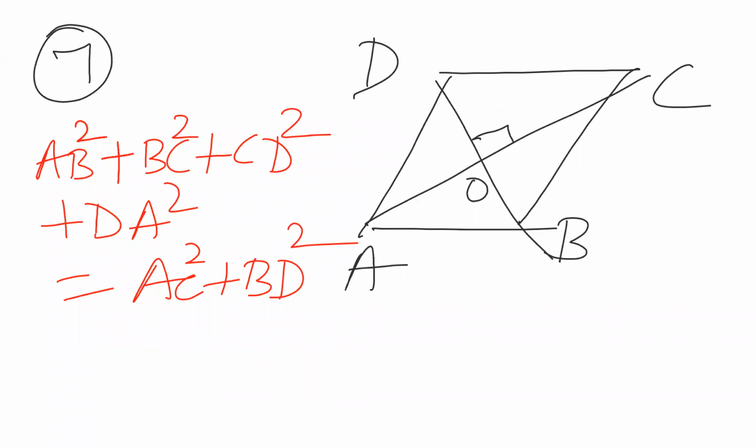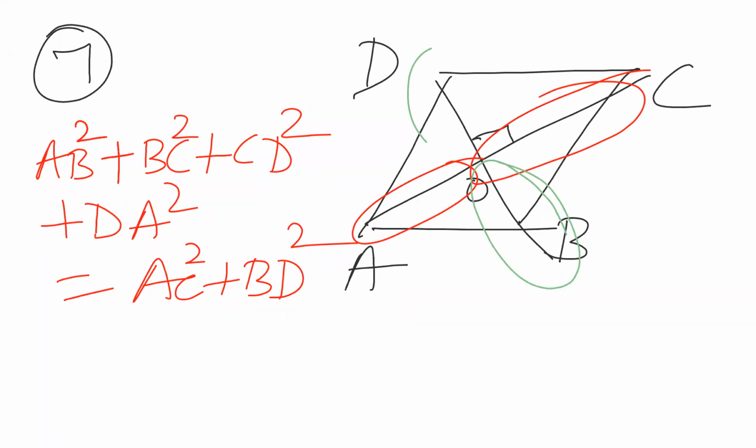Fine. So you know the diagonals of a rhombus bisect each other at 90 degrees. So AO is equal to OC. Is it correct? AO is equal to OC and BO is equal to OD. Yes, sir.